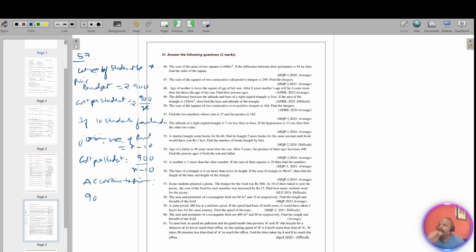When all students are ready for picnic, cost per student was 900 by x. 15 rupees increase when number of students is 10 less, right? That is 900 by x minus 10. When number of students became less, cost increased. So you have to add that to 900 by x minus 10.